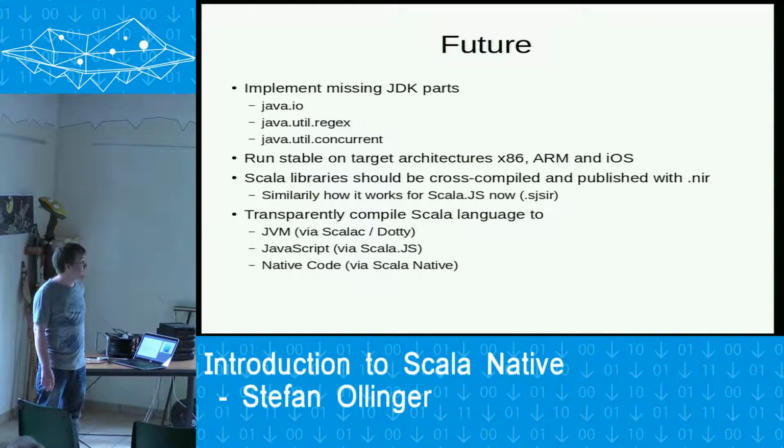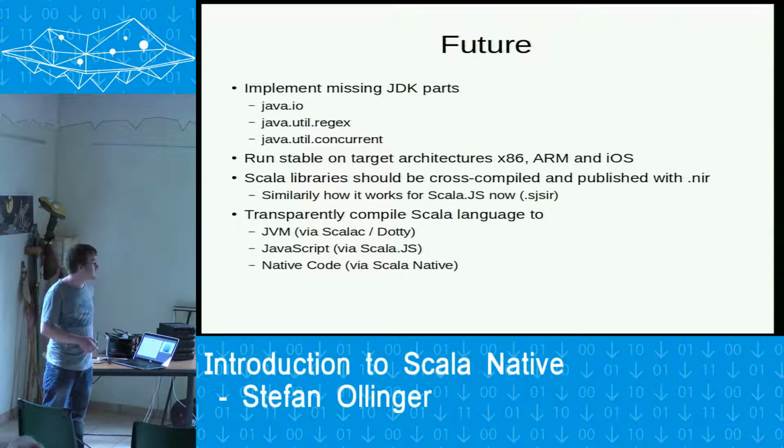And one issue is that libraries are currently not published with the intermediate representation, and they plan to add those files to the published package on Maven, for example. Yeah, so in the end you are now able to compile the Scala language to different targets like JVM, JavaScript in the browser, and to machine code.